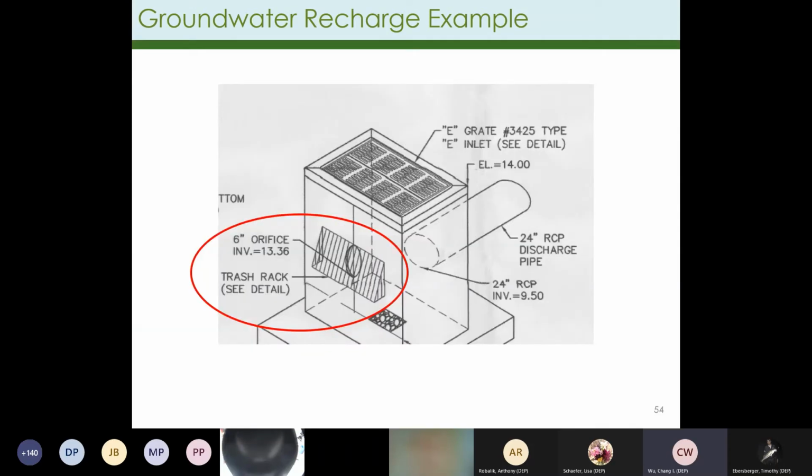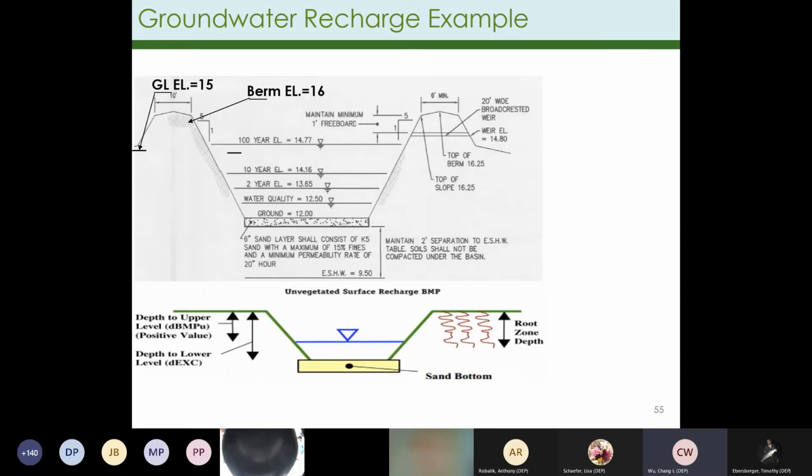And for this case, the water level is the first orifice, the elevation of the bottom of the first orifice, at an elevation of 13.36 feet. And we just mentioned that this meets the first scenario, where the vegetated ground is above.